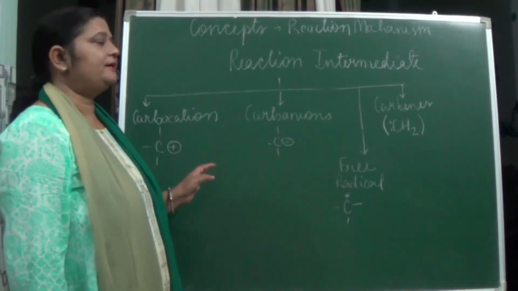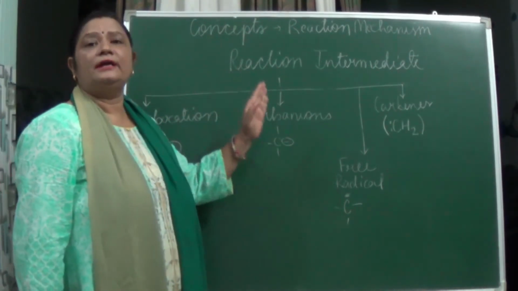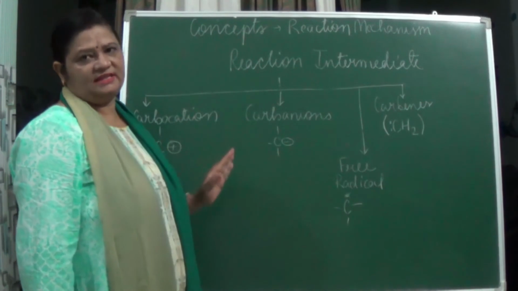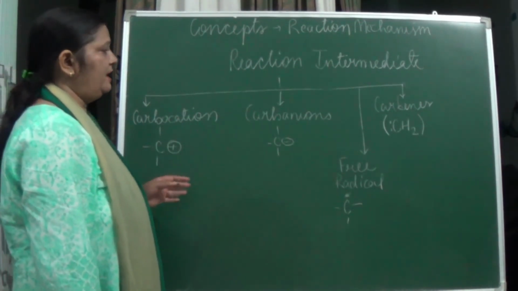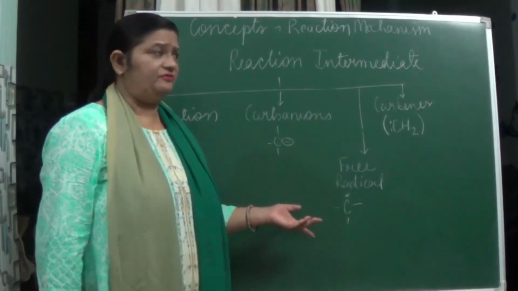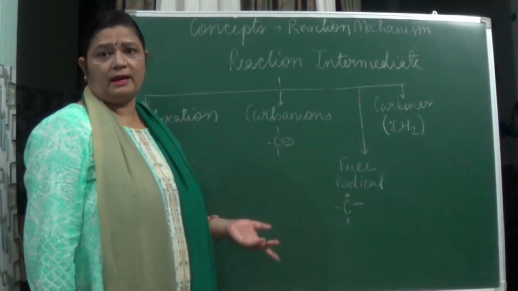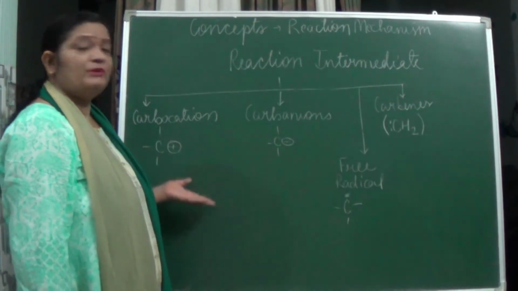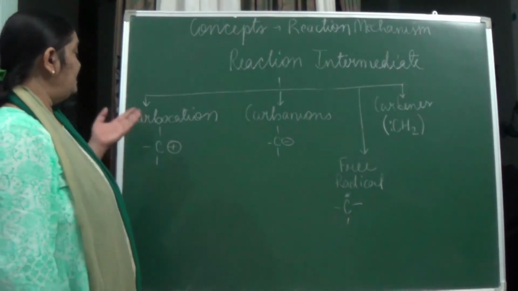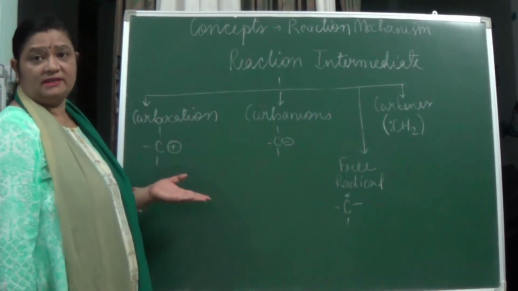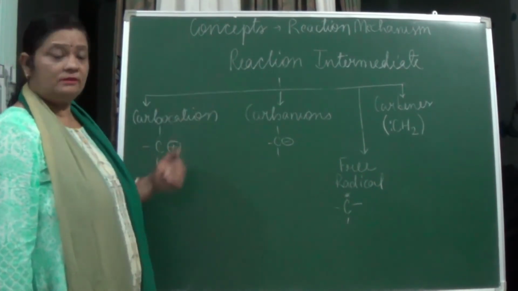So after the attacking reagent comes the reaction intermediate. So what is this reaction intermediate? You can see here the formation of carbocations or carbanions, or there is a free radical, or there are carbenes. These have been formed, and these all will be reacting with certain things, because these are reaction intermediates.